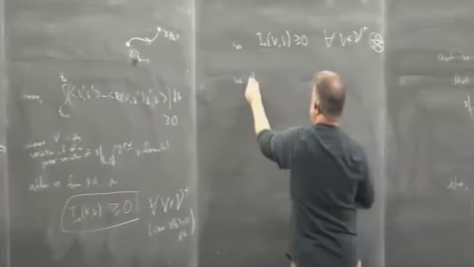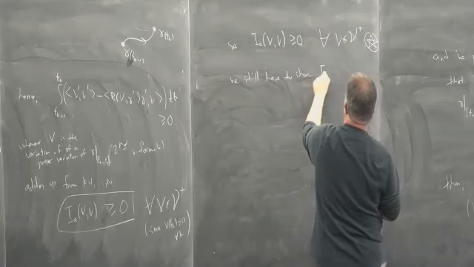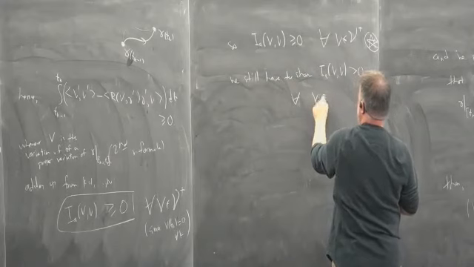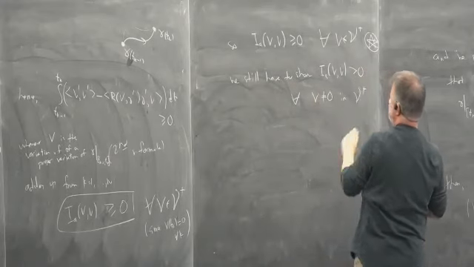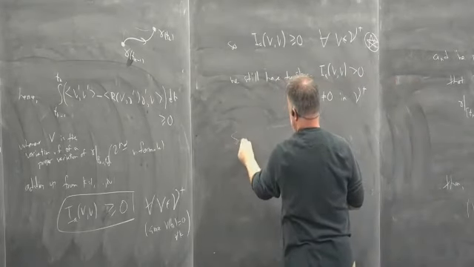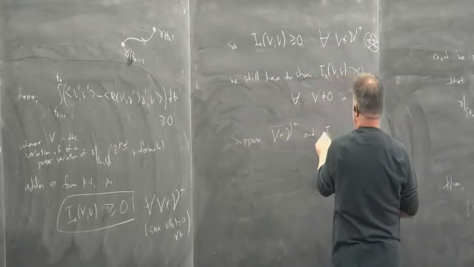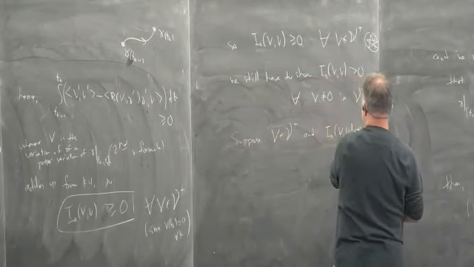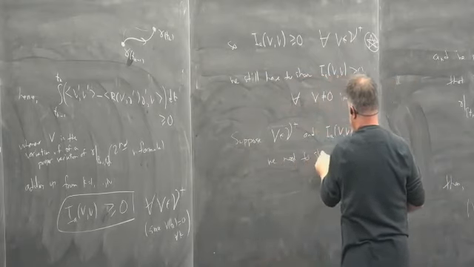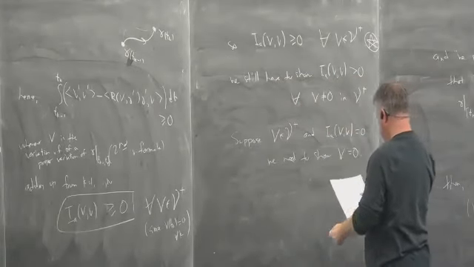So we still have to show that I_A of V, V is positive for all V not equal to 0 in V plus. That's what positive definite means. Okay, so suppose V is in V plus and I_A of V, V is 0. We need to show that V has to be 0, and we'll be done.